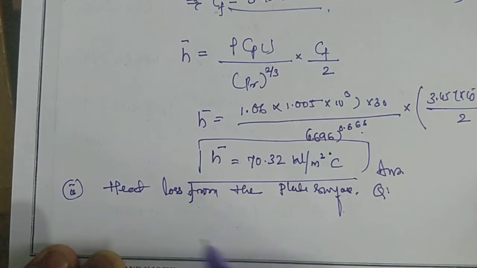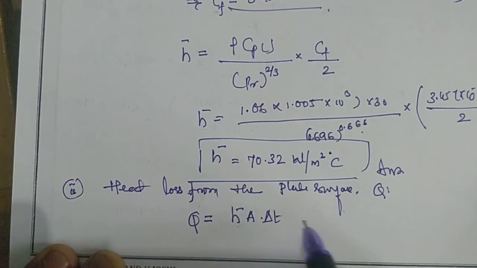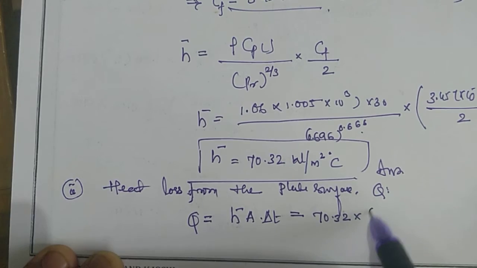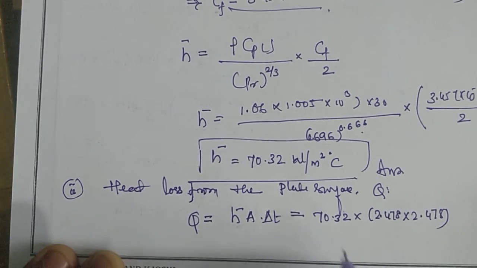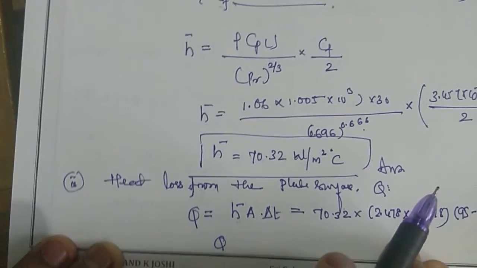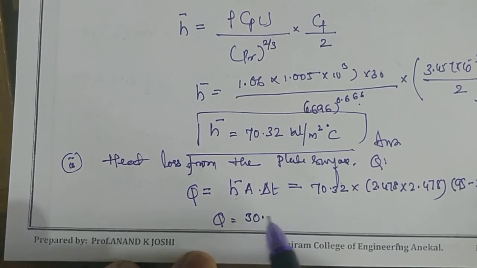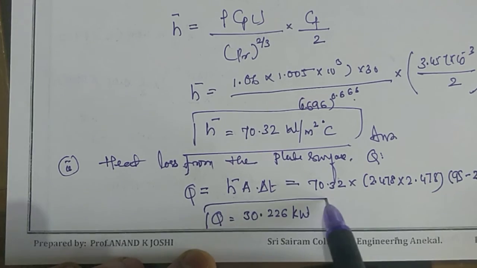Q is equal to h bar A delta T, which is equal to 70.32 into the area, 2.478 into 2.478 because it is a square in shape, into 95 minus 25. We get Q around 30.226 kilowatt.